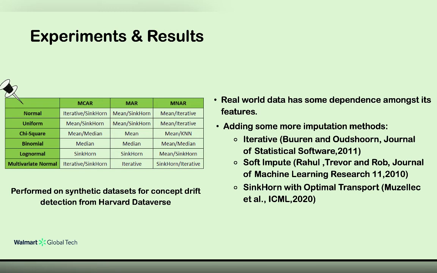For chi-square and binomial it is mean or median. For multivariate normal, we can see that iterative or OT appears as winner. For log normal, Sinkhorn with OT, that means optimal transport, wins.